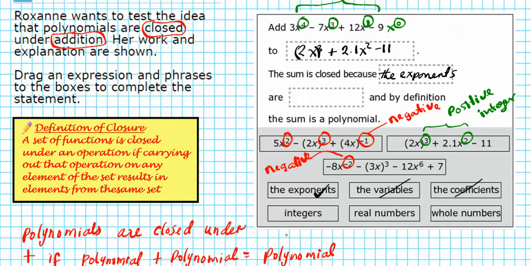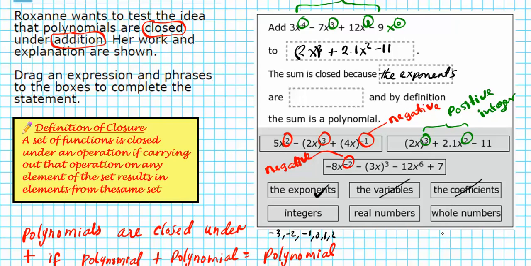Remember, integers are positive numbers and their opposites. Whole numbers and their opposites. So -3, -2, -1, 0, 1, 2. Real numbers are positive numbers, their opposites, fractions and rationals. Any number you can think of is a real number. But for this problem, we're restricted to only positive integers. And guess what?